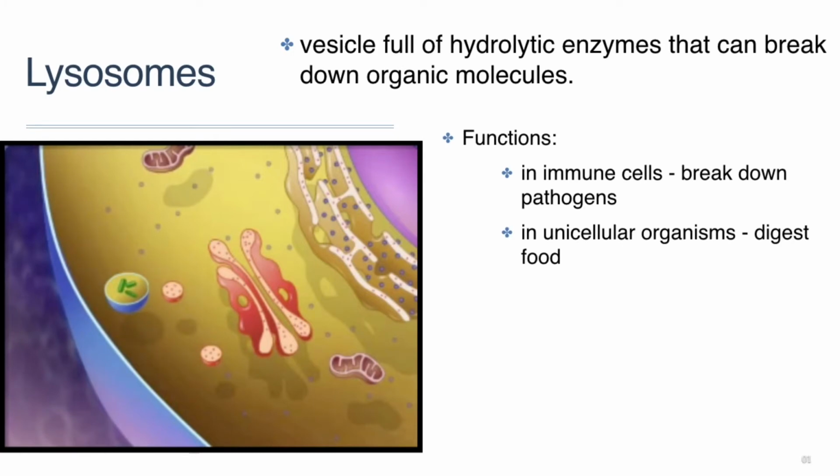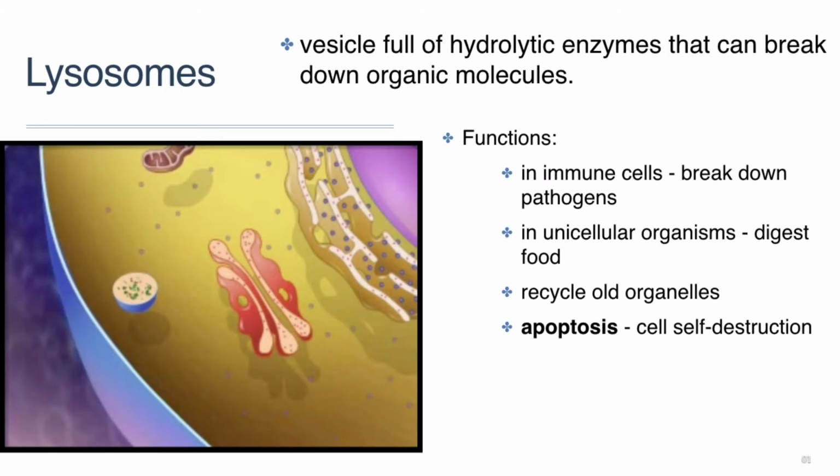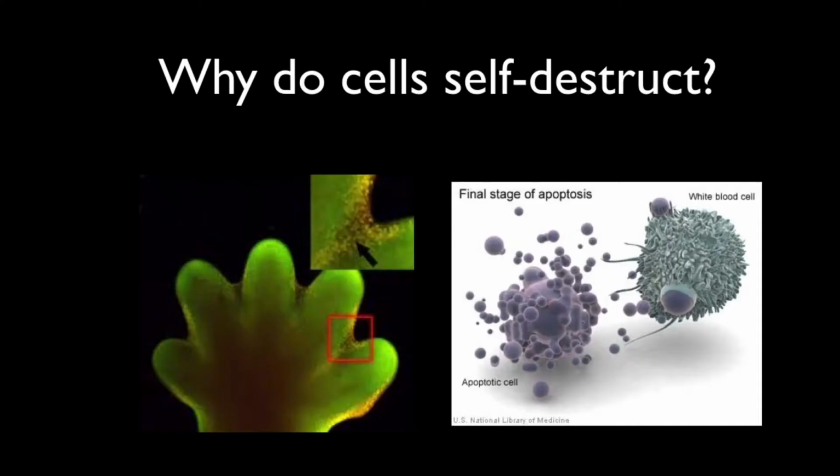Like, for example, to break down invading bacteria or to digest some food, depending on the type of cell that it is. Also, it can be used to recycle old organelles, like, for example, this mitochondria right here. Sometimes the lysosomes are used to break down the cell itself, a process of cell suicide called apoptosis.